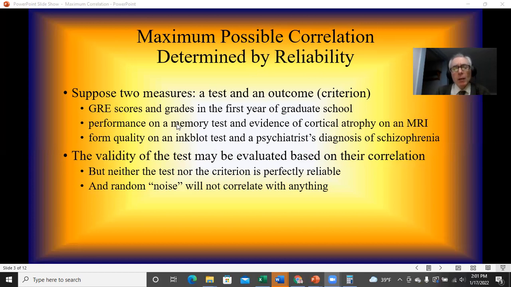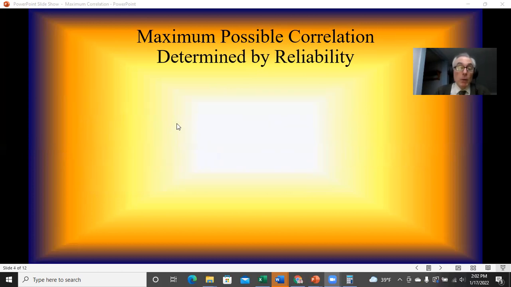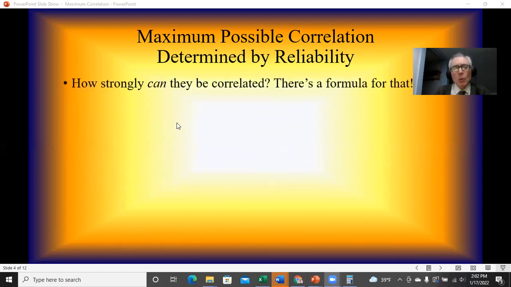The trouble is that neither the test nor the criterion enjoys perfect reliability. And the part of either one that's random is just going to be random again. So the question becomes, how strongly could these two variables be correlated? That is, how strongly could the test and the criterion be correlated?